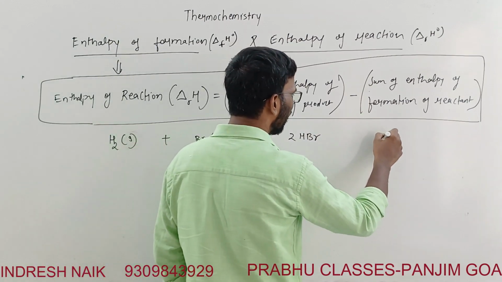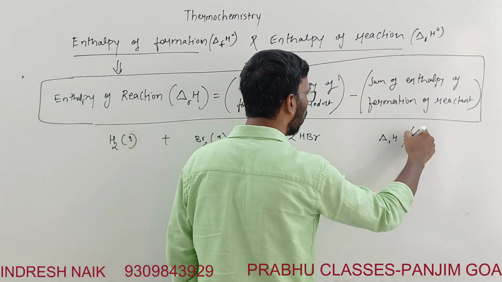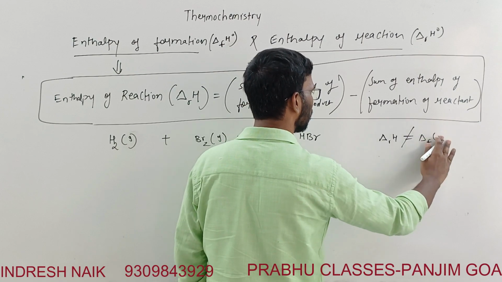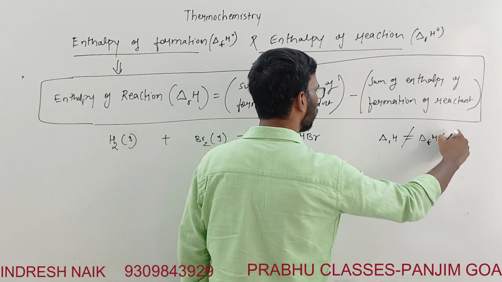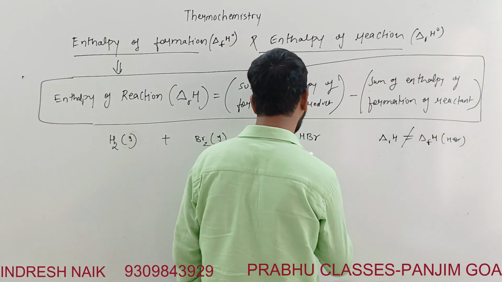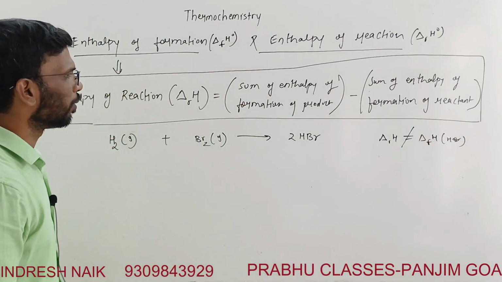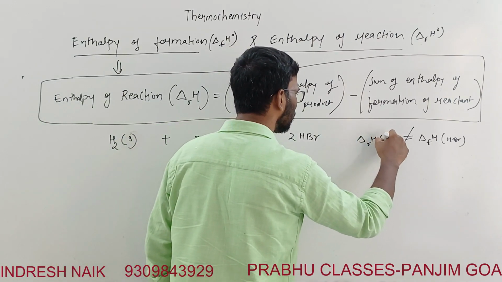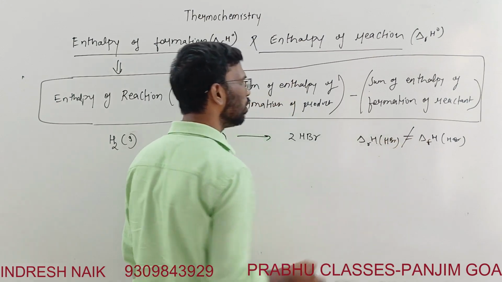Here also enthalpy of the reaction is not equal to enthalpy of formation of HBr, because 2 moles. Let's prove this. Enthalpy of reaction is not equal to enthalpy of formation of HBr.